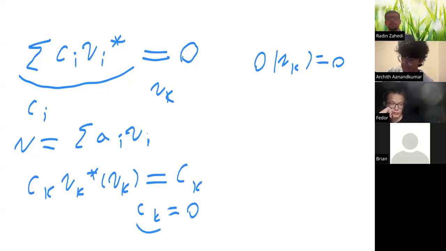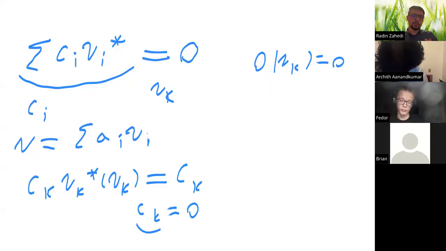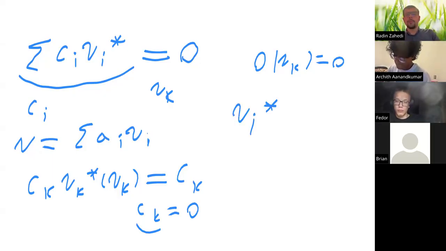And as we have already proven that the whole dimension is n, we have n linearly independent vectors, so they must be a basis. So what we wanted to prove is now proven. We have proven that these vi stars form a basis of our dual space if V is finite dimensional.